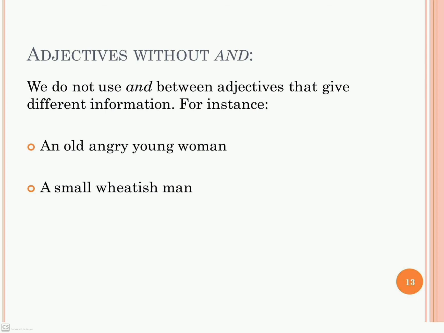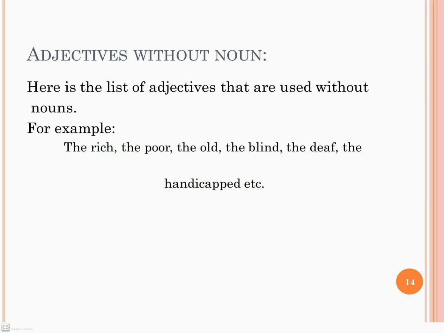For instance, an old angry young woman or a small wheatish man. So and is not used when different kinds of information are given. There are certain adjectives after which we do not add a noun. For instance, the rich, the poor, the old, the blind, the deaf, the handicapped. These all are adjectives and there are no nouns afterwards.